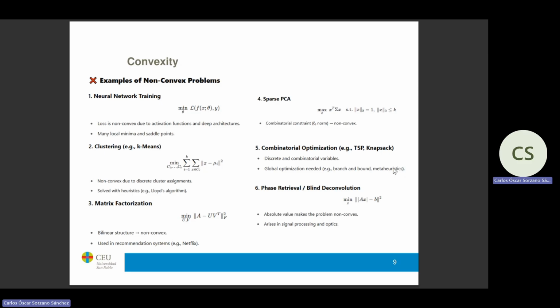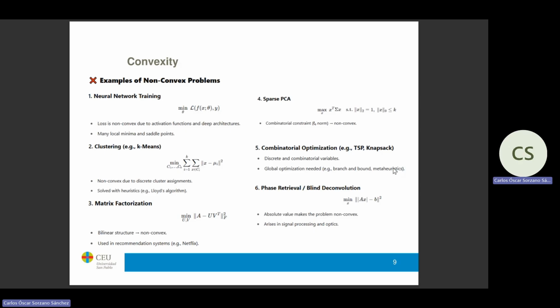Matrix factorization, this problem may be new for you, is it? So you are given a matrix, and you want to approximate this matrix by the product of two other matrices. And then this F is the Frobenius norm. So it is like the Euclidean norm for matrices.